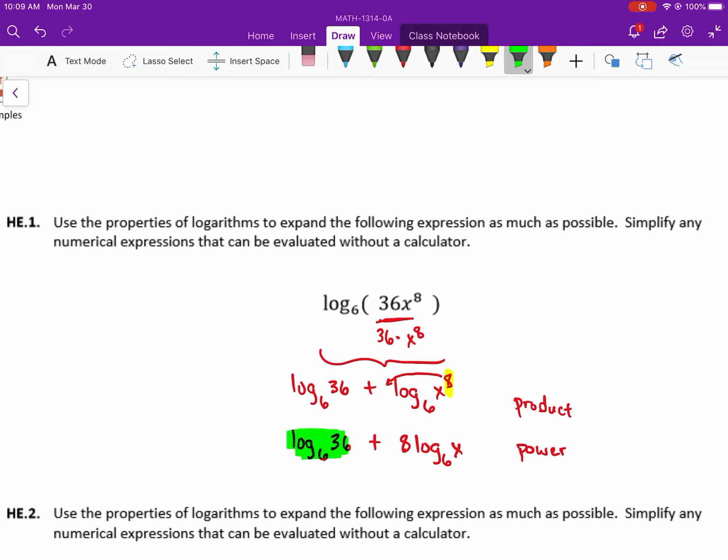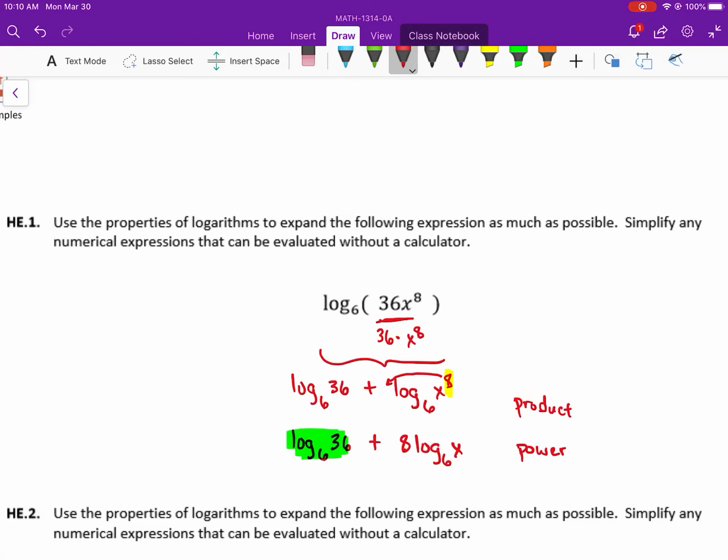Now we are not quite finished yet. We have one more step to do, and that would be right here, and we can actually physically solve that one. If you see the base is a number and my answer is a number, because that's a base of 6 and my answer is 36, 6 to the what power is 36?